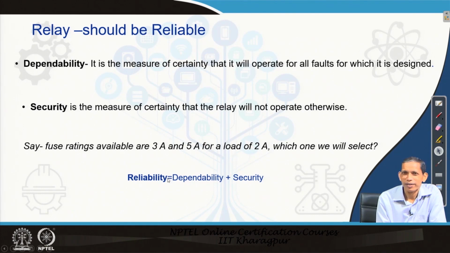In general, protection schemes are more inclined towards dependability. However, with today's numerical technology, the overall reliability can be enhanced, and when you decide which protection scheme is to be incorporated in a system, reliability is one of the important aspects in the decision process.